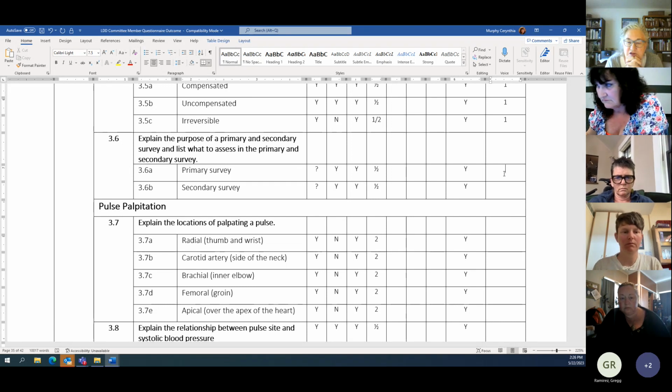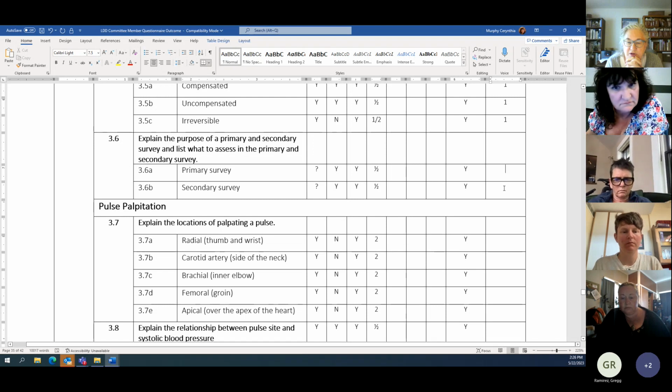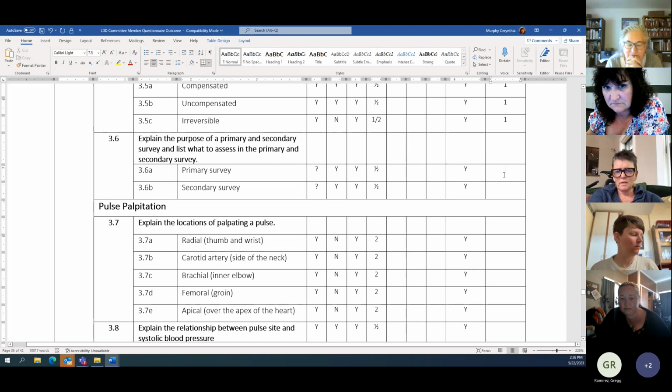So given the nature of our work, what do you guys think? 1, 2, or 3? I think that the primary survey, you're right, is not something that we're typically really engaging with. I'm struggling a little with why to separate them and not just ask a question about the whole survey sequence.